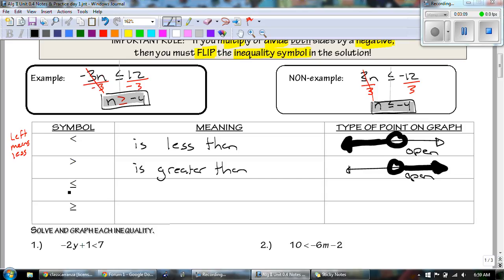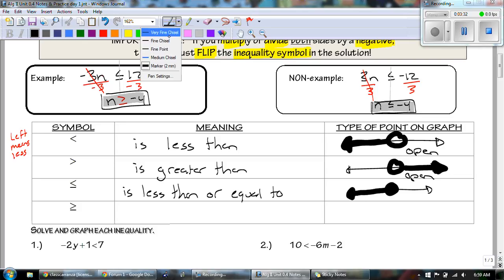Now, once we add the line underneath it, I can make that symbol with my left hand so it is less than or equal to. So when I'm drawing that one on the number line, since it's equal to, I'm going to have a closed point and shade to the left.